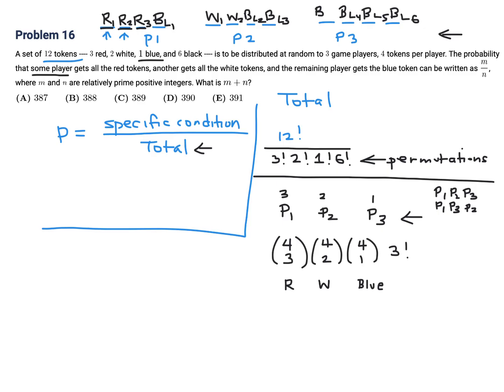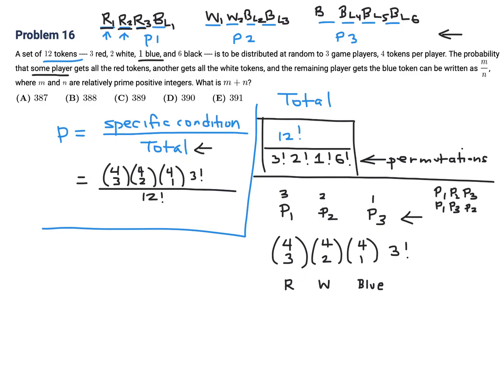So that is the total number for the specific condition. And now we have to basically put this on top. 4 choose 3, 4 choose 2, 4 choose 1, multiplied by 3 factorial. And then the denominator is this total guy. So that's 12 factorial all over 3 factorial, 2 factorial, and 6 factorial.